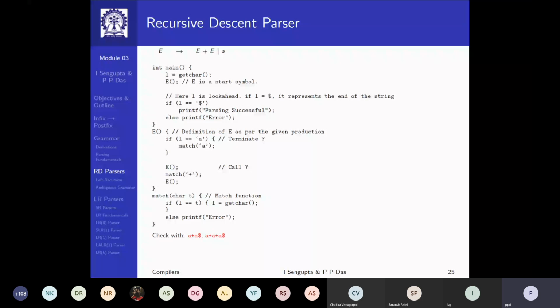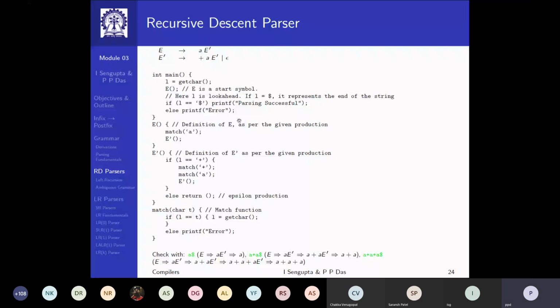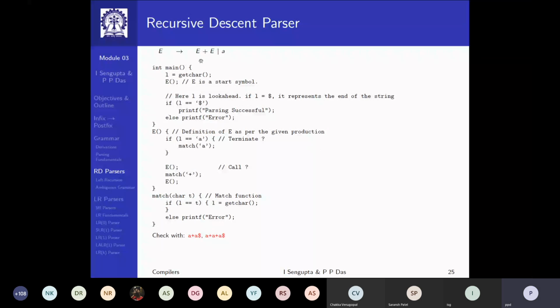So if I say that, then the grammar could simply be E produces E plus E, and I have A separate. So that will produce an A like it did before. It will produce A plus A because E produces E plus E. This E could be A. The second E could also be A, so it gives A plus A.